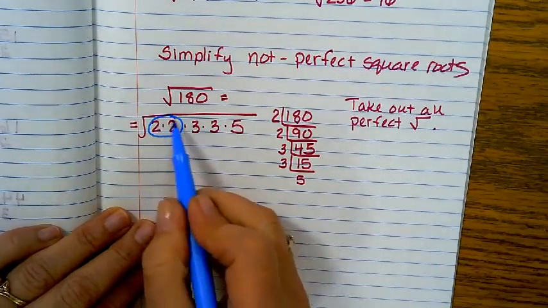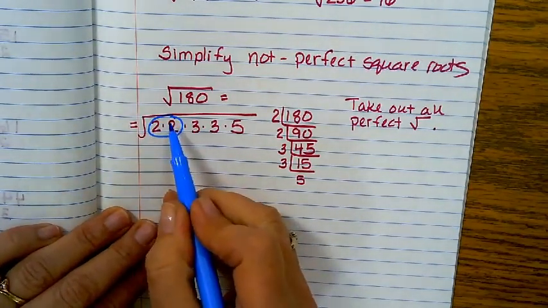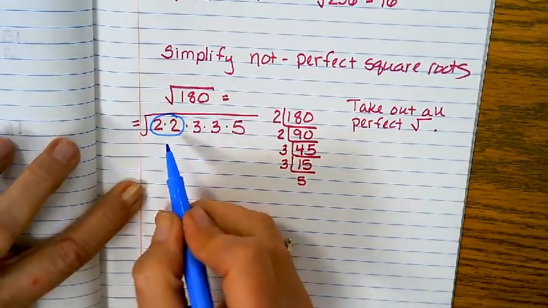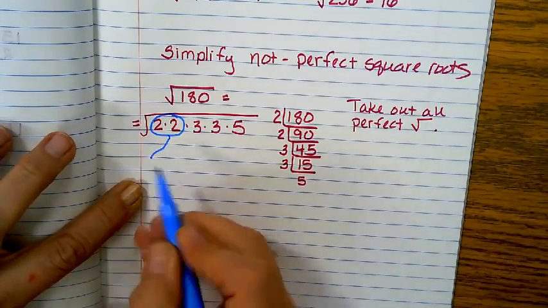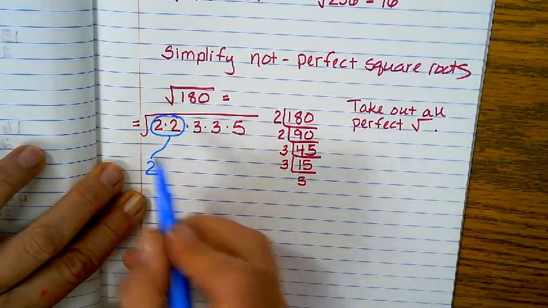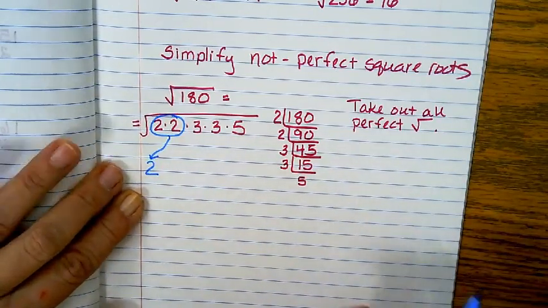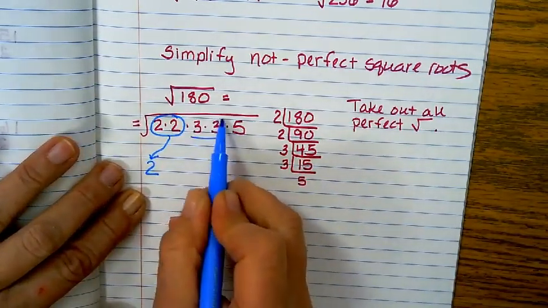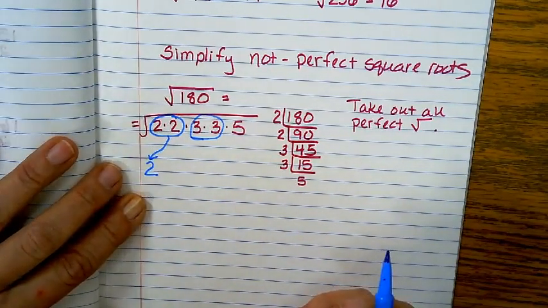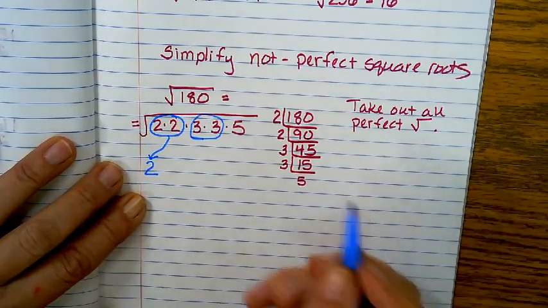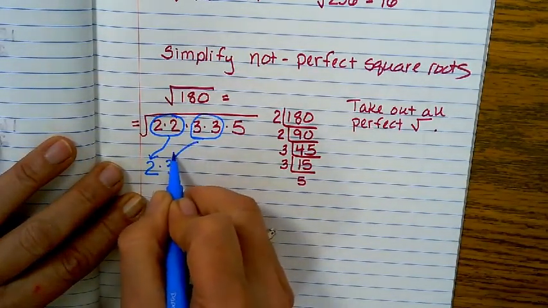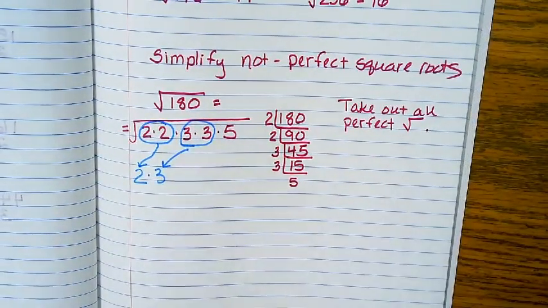I'm going to take the square root of 4, and it comes outside of the square root. So the square root of 4 is 2. Then there's another pair. 3 times 3 is 9. And what is the square root of 9? 3. So notice for each of the pairs, one of those numbers comes out.